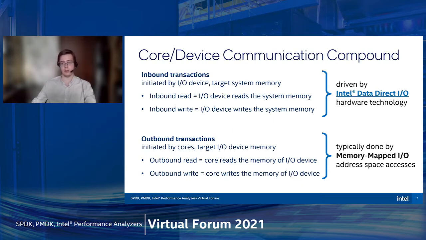But in Intel server architectures, the destination of such inbound transactions is L3 cache, and this is possible due to Intel DDIO hardware technology, which is transparent for the software.